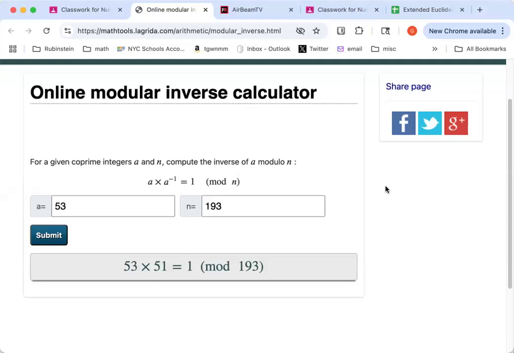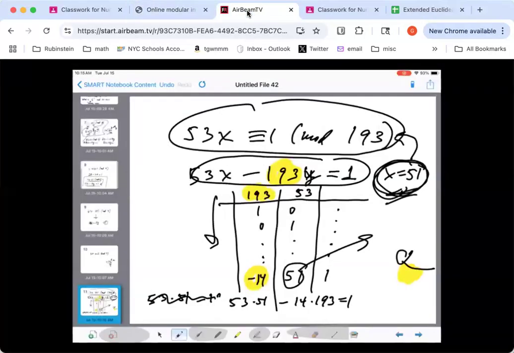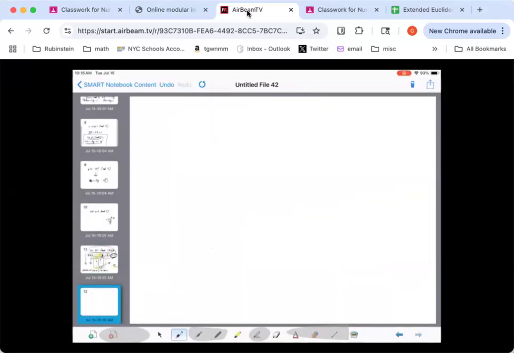You see, on a final exam, I would probably never have you go through an entire process for this. There would be a question like, I could ask 53x minus 193y equals 1. Yes, that's from class 4, class 5, I mean. That's a final exam type question.